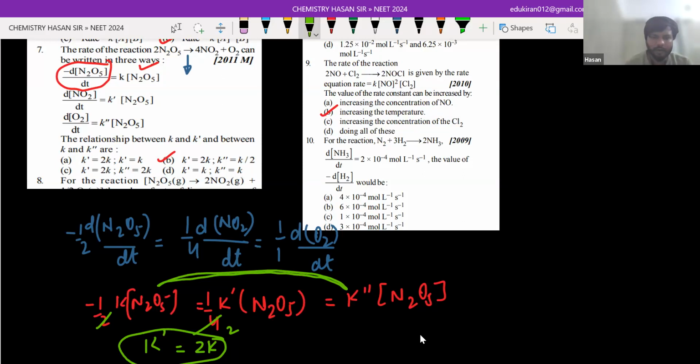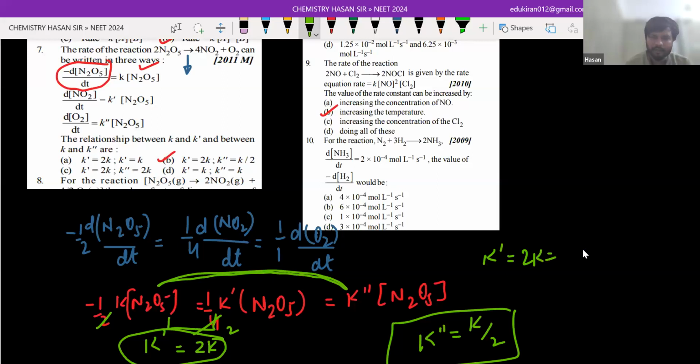So k is equal to 2k dash, or we can write k dash is equal to k by 2. So I equate first and second, then first and third. So we can write k dash is equal to 2k, which will be equal to k double dash, and that will be equal to k by 2. So that's why this is the answer. Is that clear?